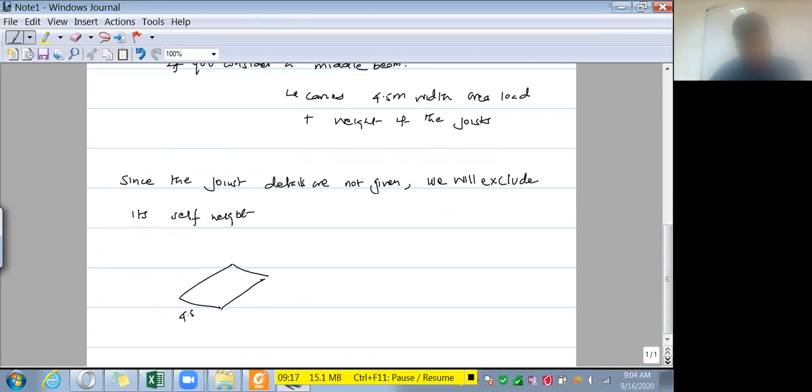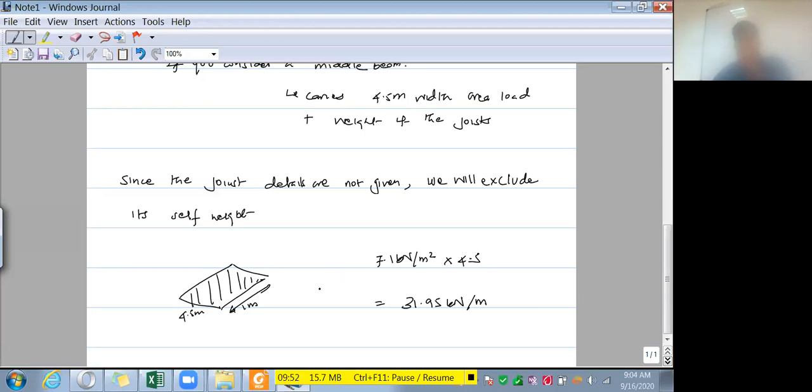Every 1 meter, the load is 7.1 kilonewton per meter squared, and if I multiply that by 4.5, 7.1 into 4.5, that is 31.95 kilonewton per meter.